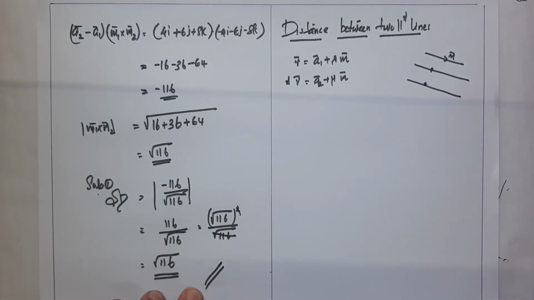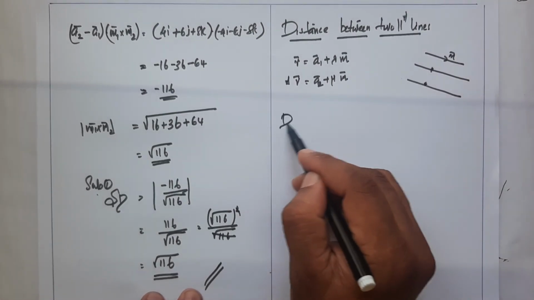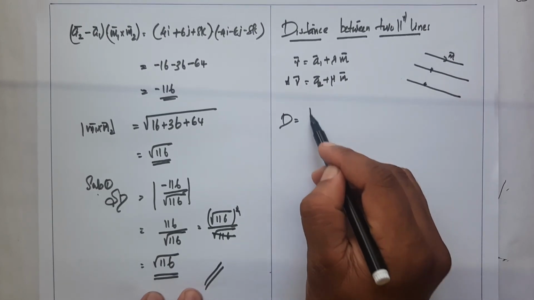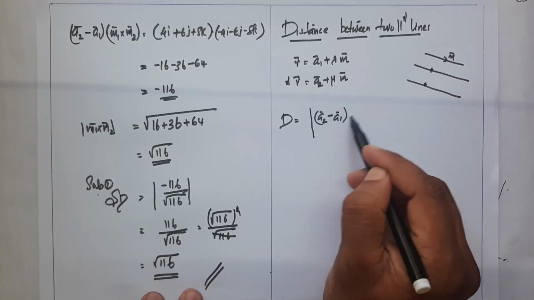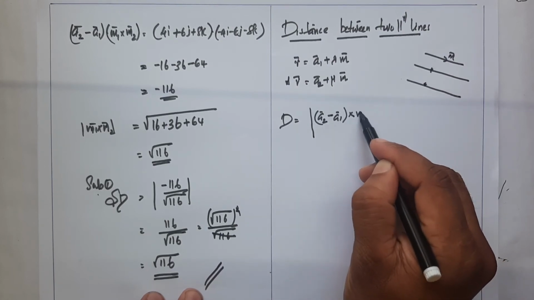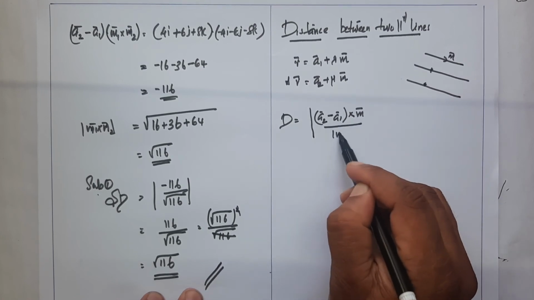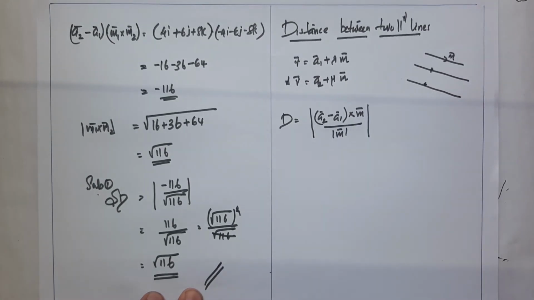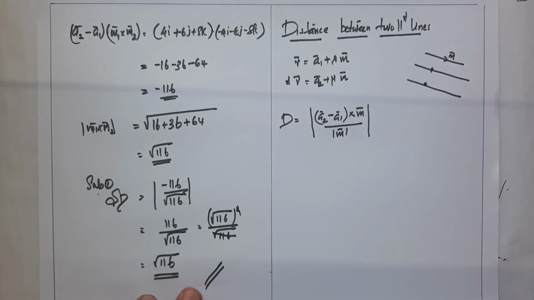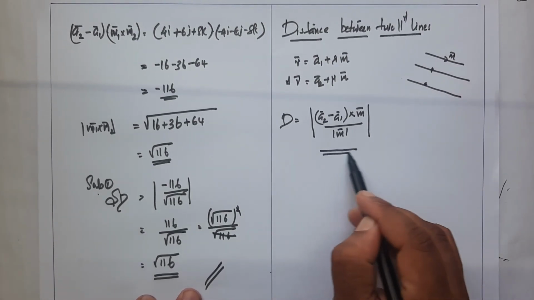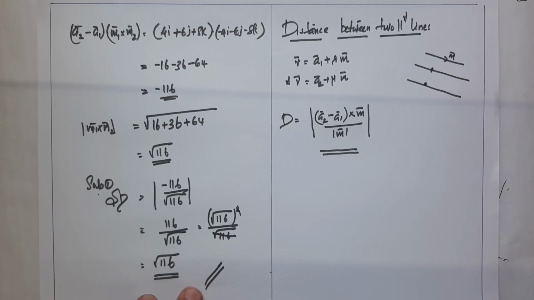The distance between them is D = modulus of (a2 − a1) cross m, divided by modulus of m. The dot product is commutative, but the cross product is not commutative, so learn this formula by heart: modulus of (a2 − a1) cross vector m divided by modulus of m.